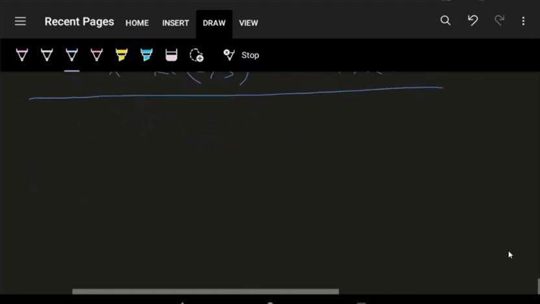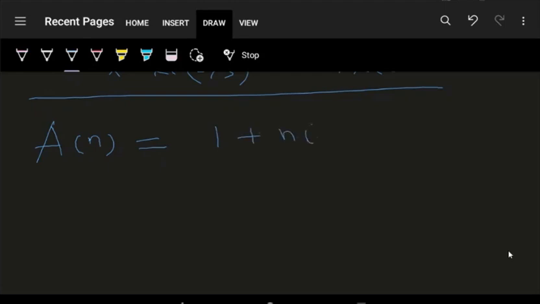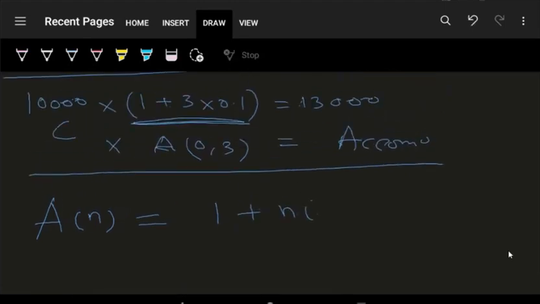So in simple interest setting, the accumulation factor for the end time period is given by 1 plus ni. See, in this example, the time period was 3, the interest rate was 10%, and this will become my accumulation factor. So in general, we can directly write this accumulation factor as 1 plus ni for simple interest setting.